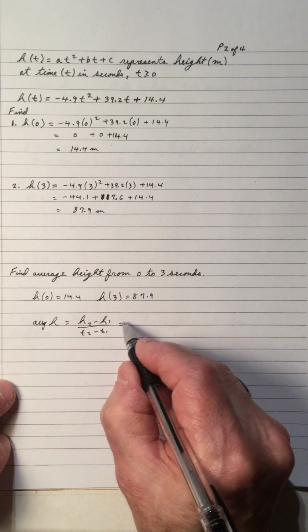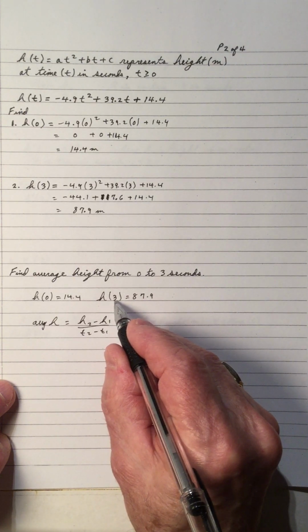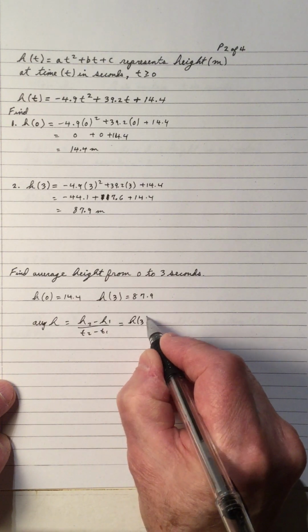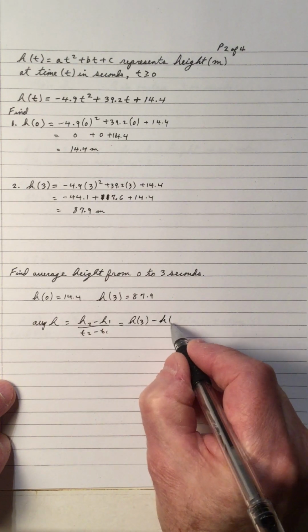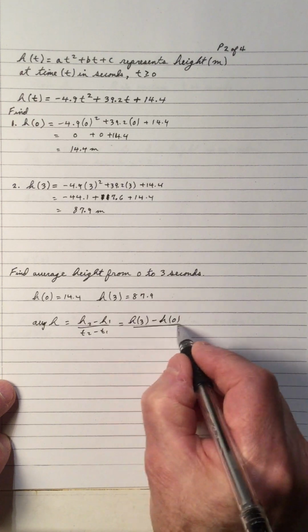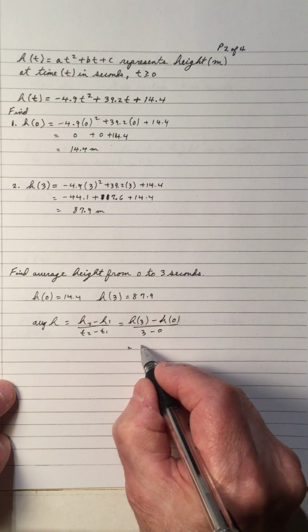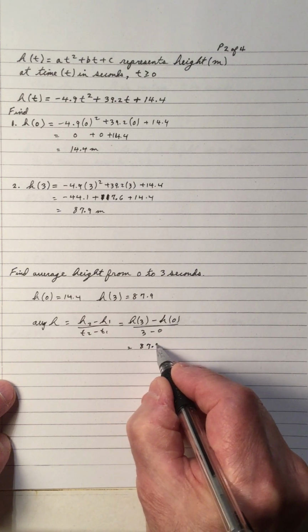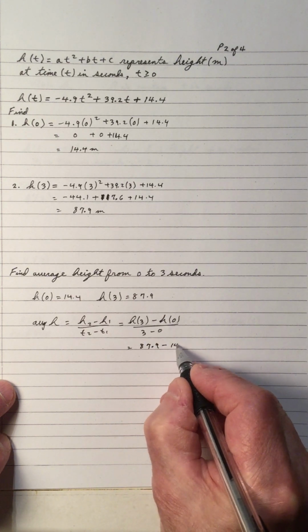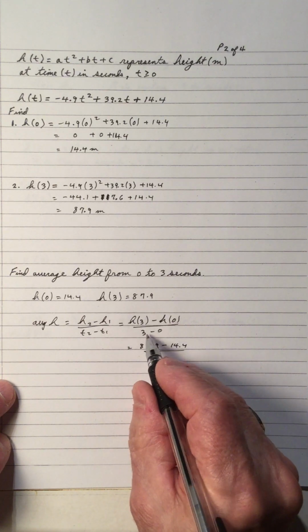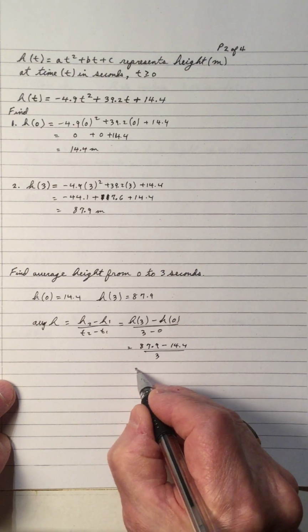So that's h(3) minus h(0), all over 3 minus 0. So that's 87.9 minus 14.4 all over 3 minus 0, which is 3.